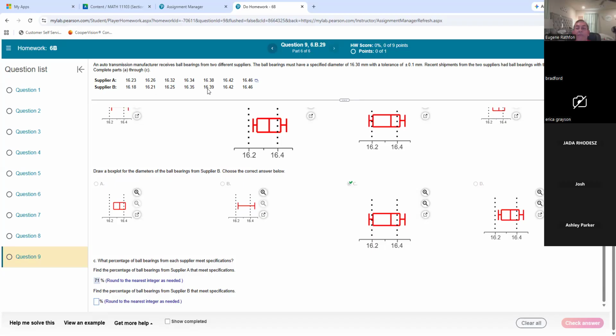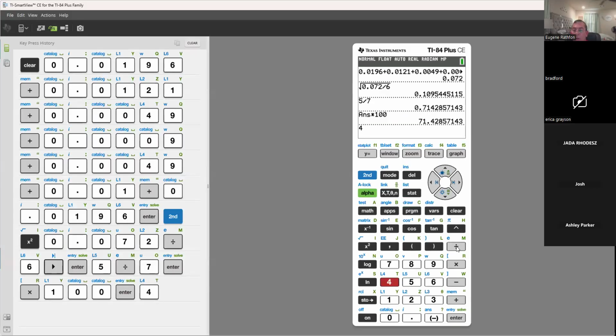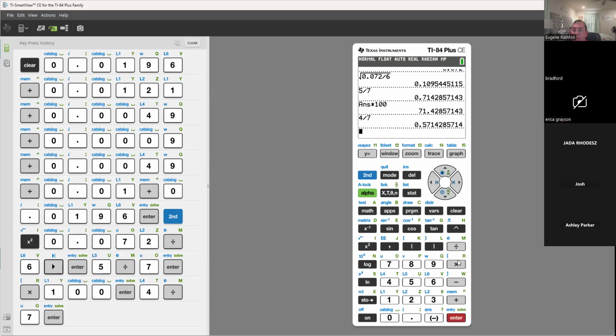So this one we had 4 good ones. So let's see what we get when we divide 4 by 7. 4 divided by 7 equals a decimal, and then I'm going to multiply that by 100. So we get 57. I'm going to keep that a 7 because that's a 1 after it. So this one would be 57.